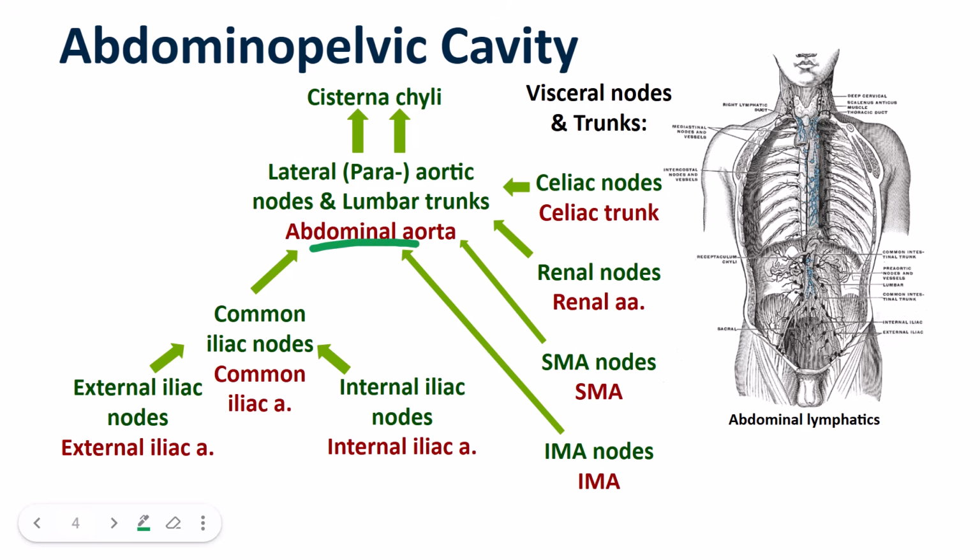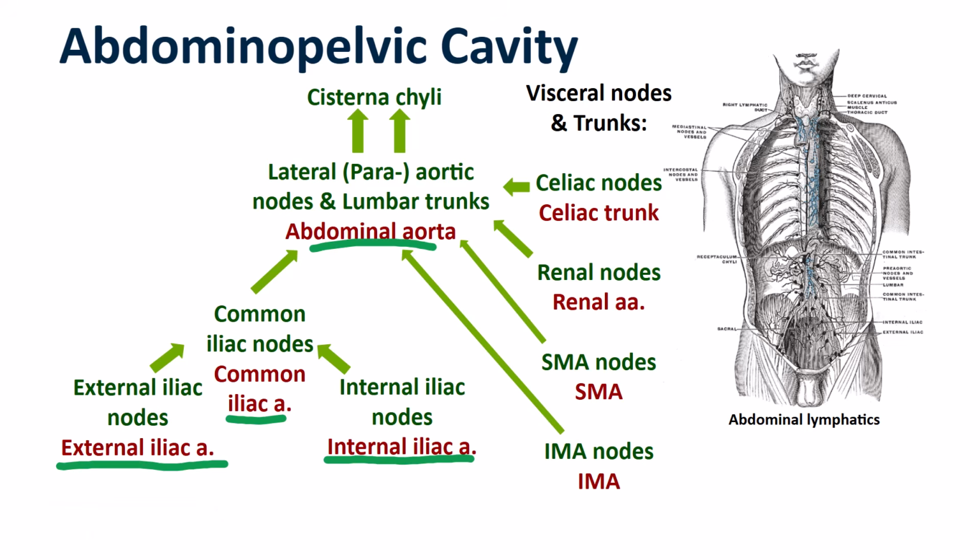The abdominal aorta is going to bifurcate around L4 into two common iliac arteries, left and right. Each of those common iliac arteries at the pelvic brim will bifurcate into an internal iliac artery, which serves the pelvic viscera and perineum, and external iliac artery, which serves the lower limb.